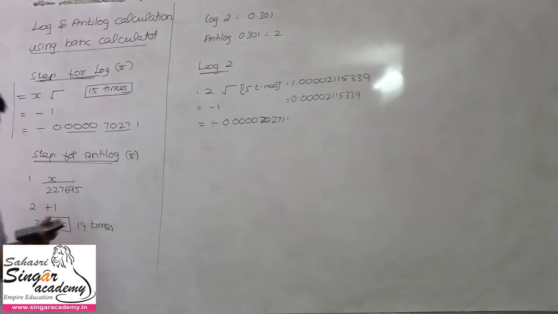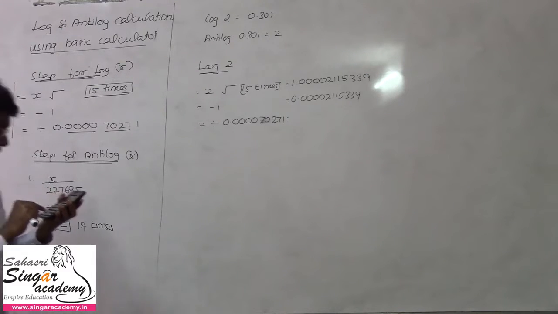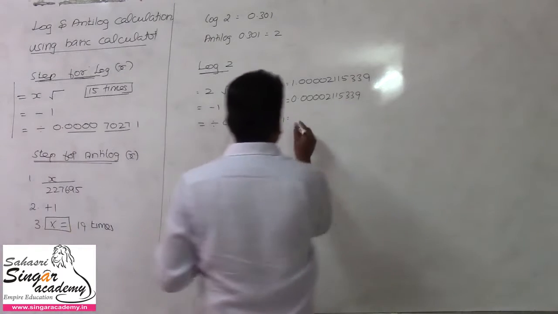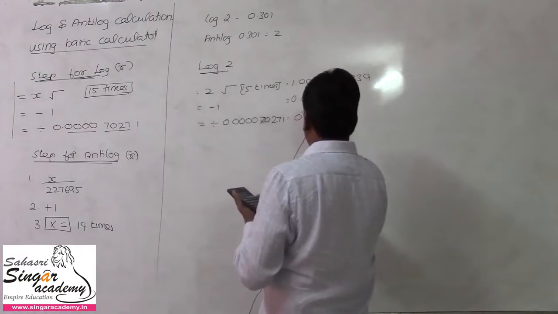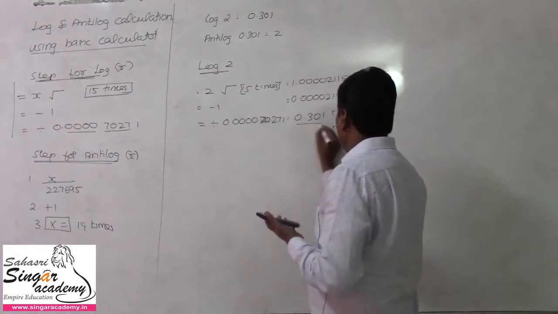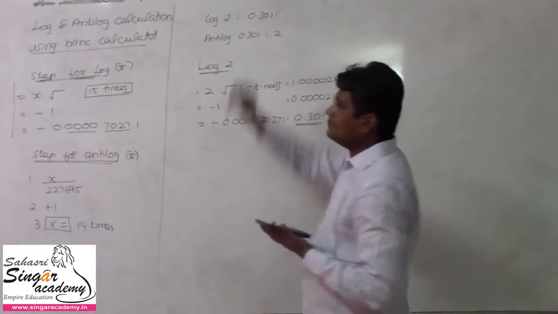So with that special number I am going to divide, and the value will be 0.301. Okay, we got this value.